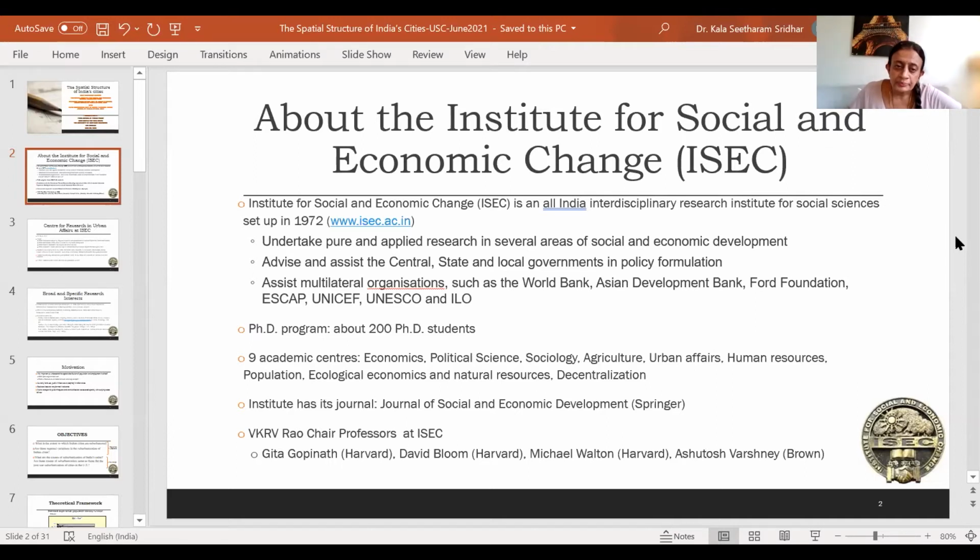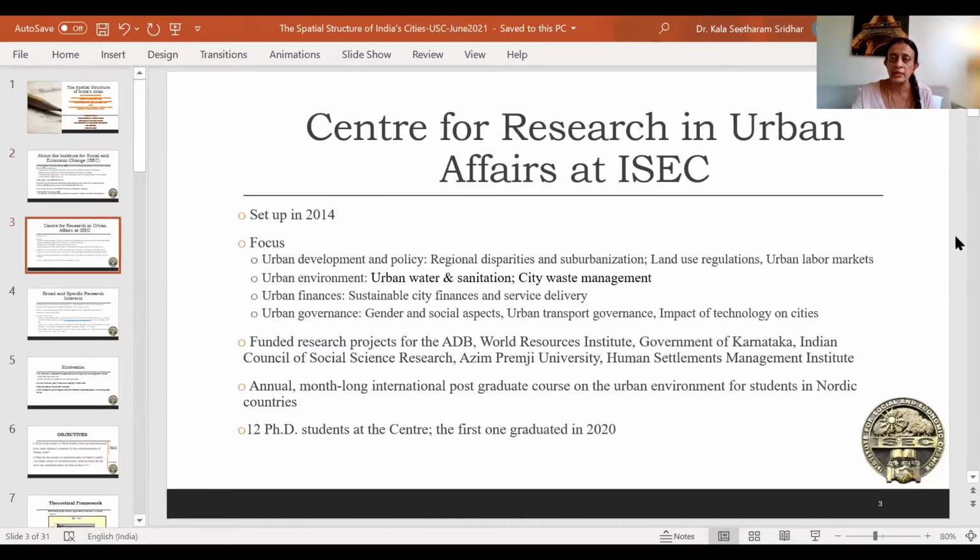And we have very eminent economists every couple of years nominated as BKRB Rao chair professors. And these have included many well-known scholars like David Bloom at Harvard and Geeta Gopinath at Harvard University, Ashutosh Varshney at Brown University, Michael Walton again at Harvard, and so forth.